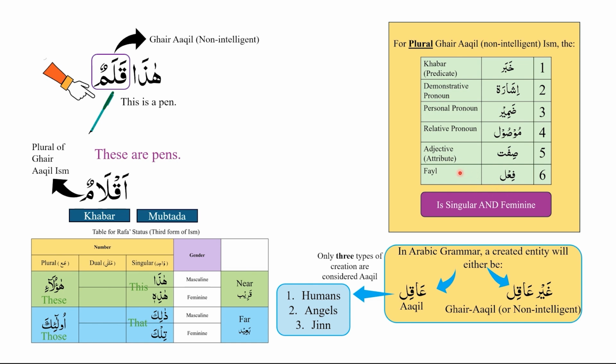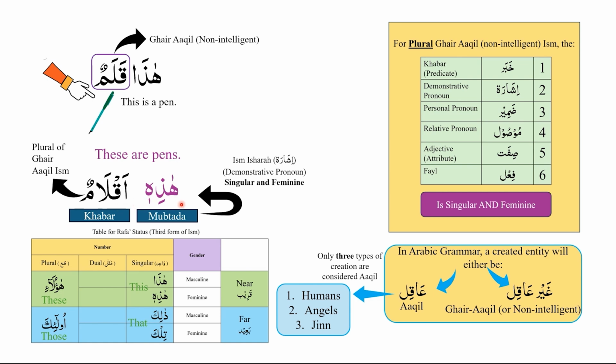So we will look at our table for demonstrative pronouns and we will look for a singular and feminine ism ishara, which will be hazihi. So we have the final jumla ismiya, that is hazihi aqlamun.